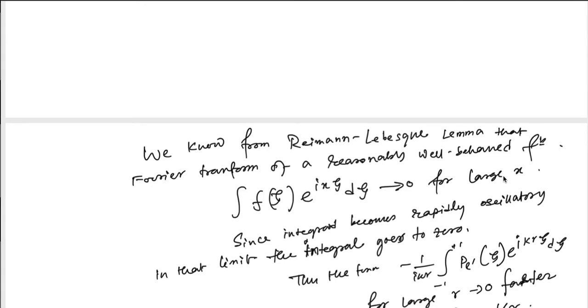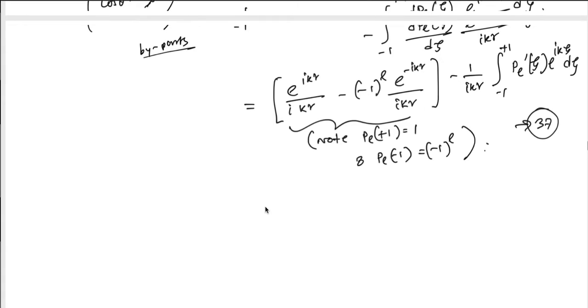If you know that, it is good. If you do not know that, you can check it out for some test function. Because of that, this second term, which you get by parts, will vanish for large R.